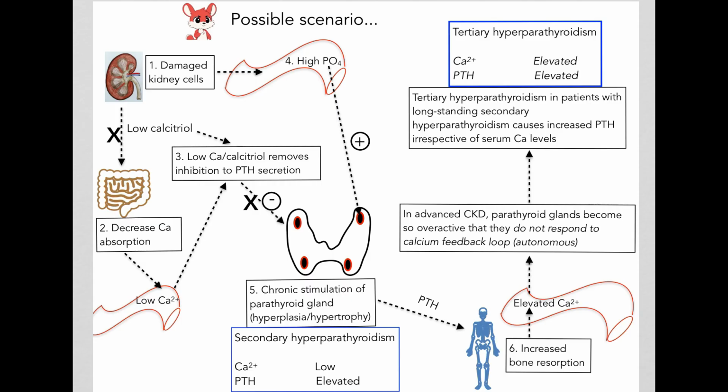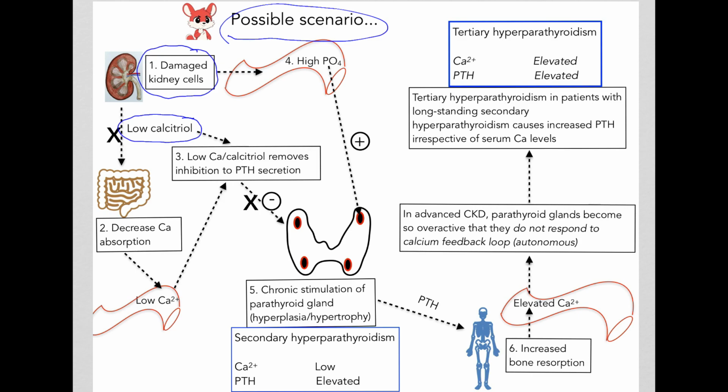We could put things in a simple way and come up with a possible scenario. So, for example, there's chronic kidney disease. So there's going to be this impaired kidney function, which means the kidneys will not be able to produce sufficient calcitriol.